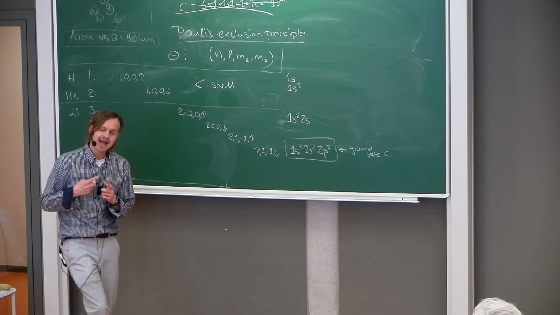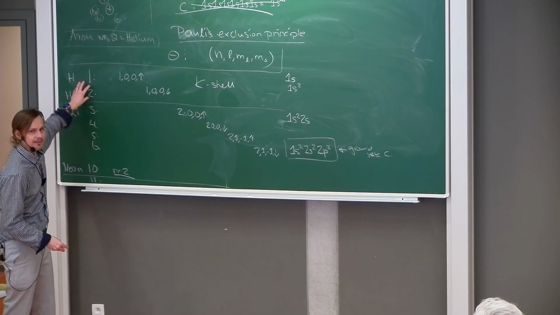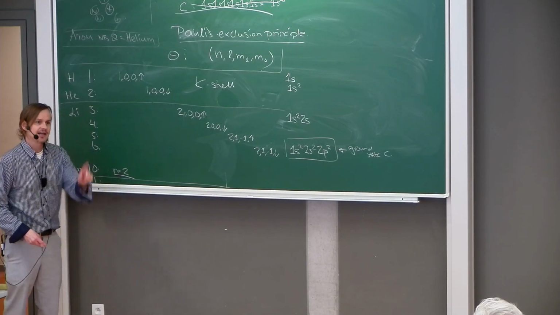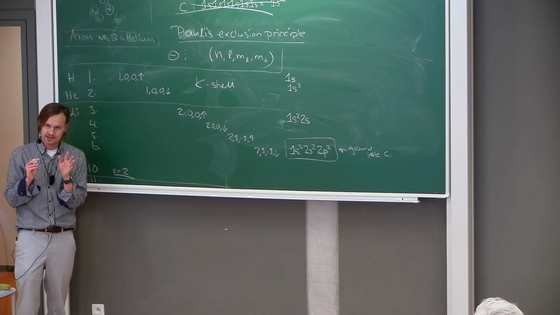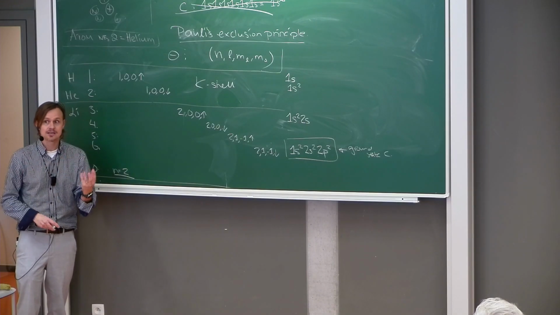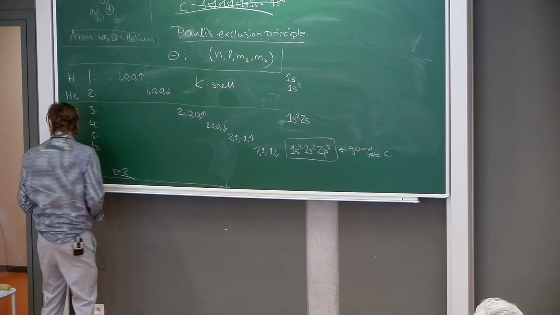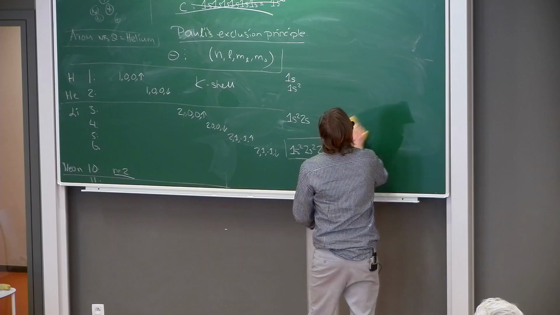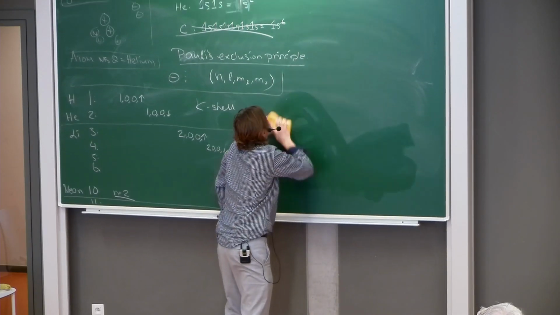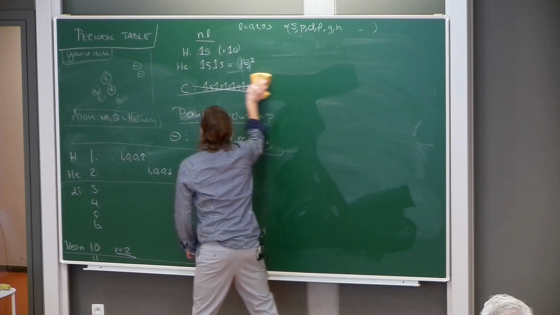We can understand why just by keeping this in our head, and then using one more simple concept, which will be a qualitative description of this. It's the concept of screening. Okay? So let's go and see what this concept of screening is.